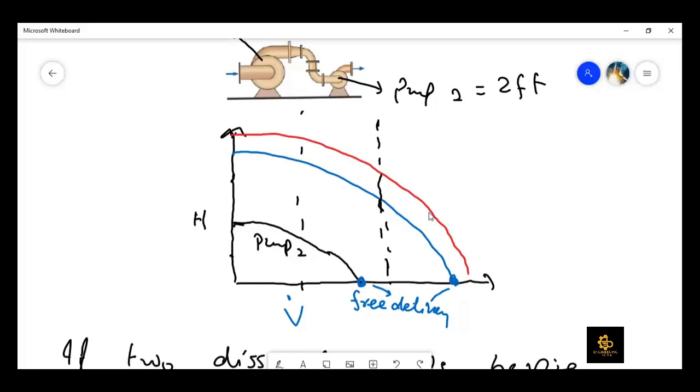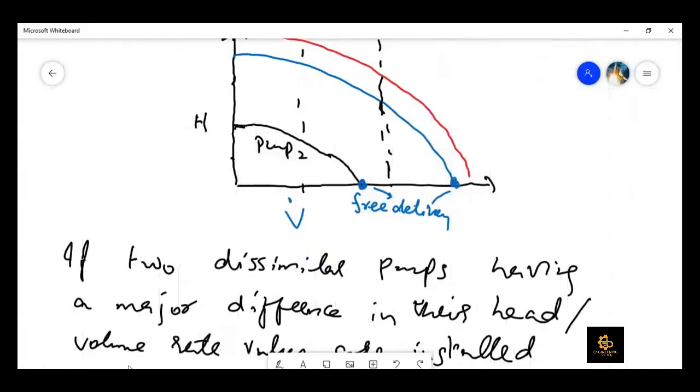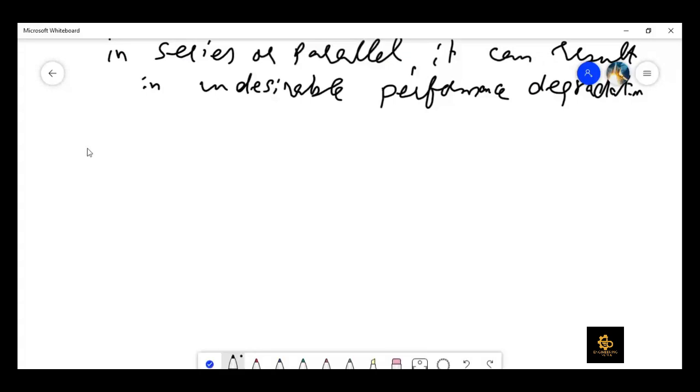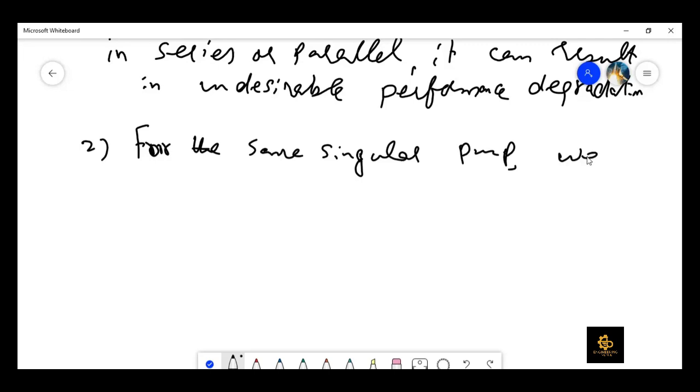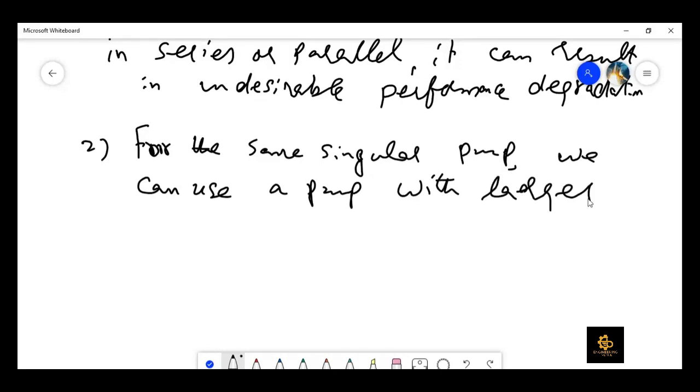So the second choice we can do is that for the same single pump, we can use a pump with a larger impeller diameter, which would provide us more head.